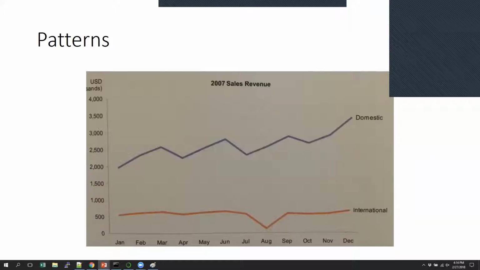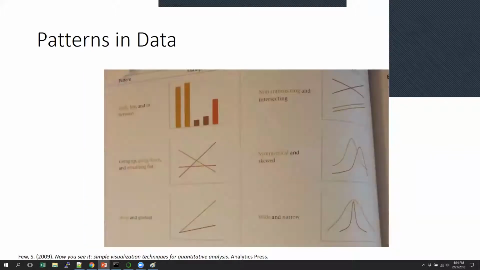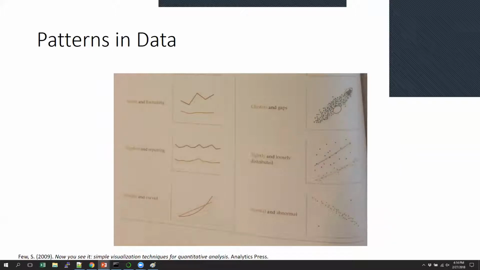We see a sawtooth pattern. We see a dramatic dip in international sales in August. We see a number of different patterns that can form from information: highs, lows, mediums in between, things that gradually increase or decrease, how much they increase or decrease, symmetry, things being skewed one way or the other, intersection of lines, clusters, groups, repeating patterns, anything like that.